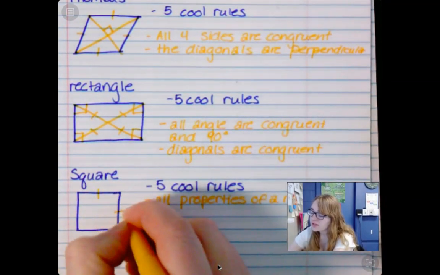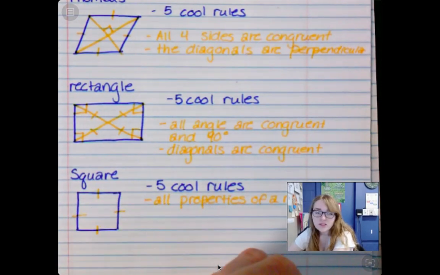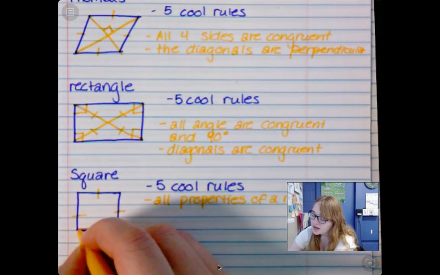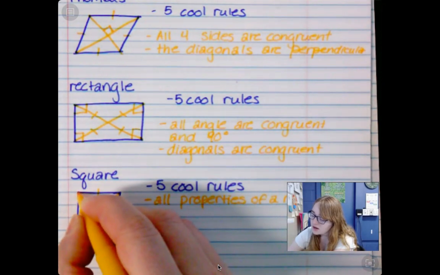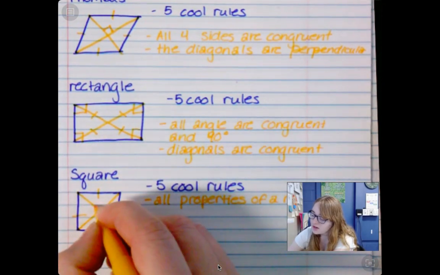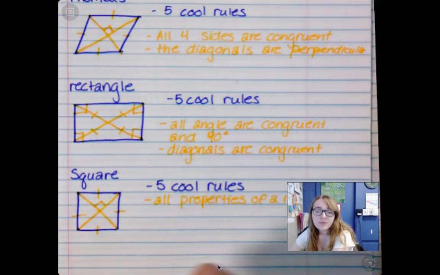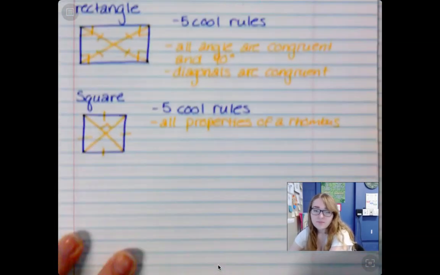So I'm going to draw our tick mark showing that all of our 4 sides are congruent. And I am going to draw our diagonals in here and then draw a 90-degree angle, because our diagonals are perpendicular.